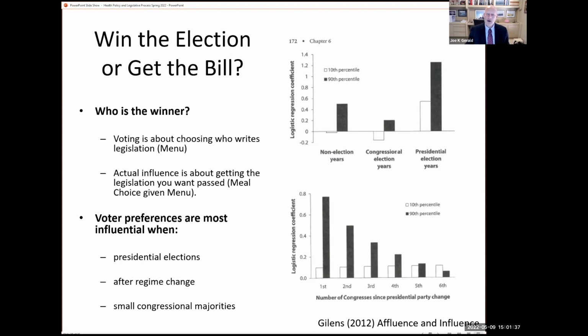There are some exceptions to this case. And so when there's a presidential election cycle, legislation that comes out in that year is a lot more favorable to typical voters than it would normally be, right? It's still more aligned with elite voters, but there's more likelihood that average voters are going to get something that they like during presidential election years.